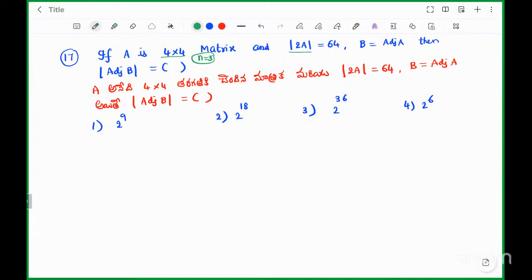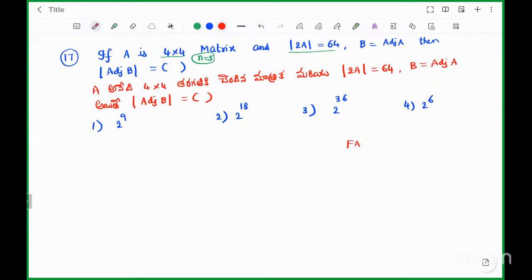Det of 2A is given, but det A is not given. So we need to find out det A, and also B is adj A. Det of adj of adj A we need to find out. So now some facts we need to discuss here.